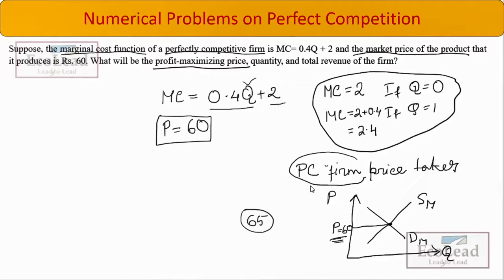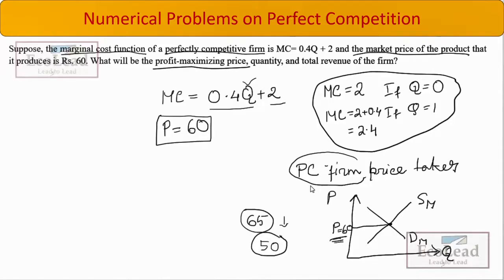On the contrary, if the firm reduces the price, say for example the firm is charging 50 rupees, definitely the consumers will come to this firm since it is charging less. But at the same time, its competitors also can reduce the price, and if the competitors reduce the price, then the firm will make lesser profit, because now the per unit price is 50, but it cannot make a huge profit out of it.